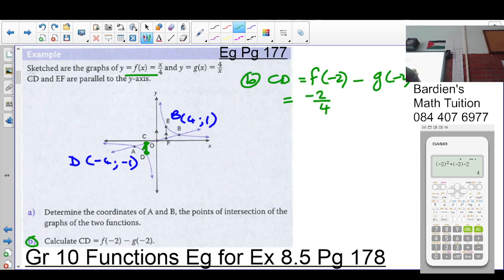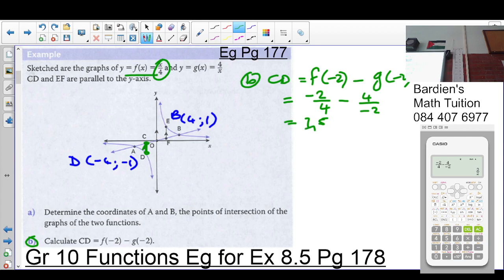So it's negative 2 over 4 minus 4 over negative 2. That's going to be negative a half plus 2, which is 1.5, or 3 over 2. Let's check: negative 2 over 4 minus 4 over negative 2 is 3 over 2, which is 1.5.